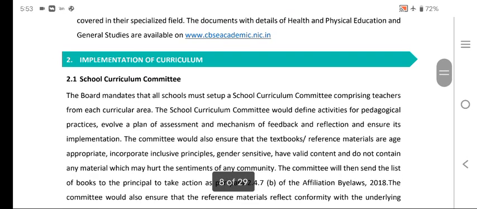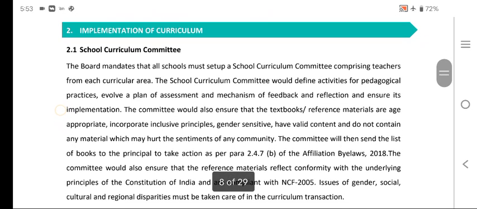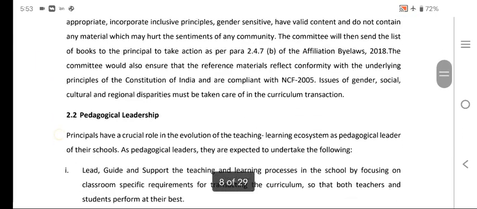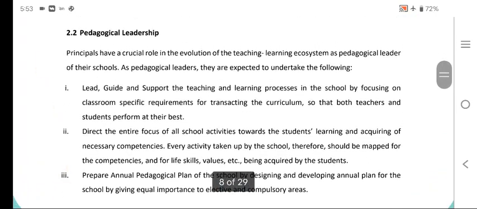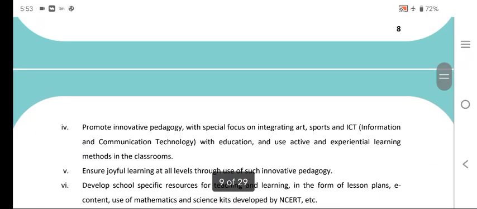Now, implementation of the curriculum: how are we going to implement it? Already we have discussed the pedagogical leader, like the principal or head of the institution, what their work and purpose will be, how they lead from the front, guiding and supporting the teachers.